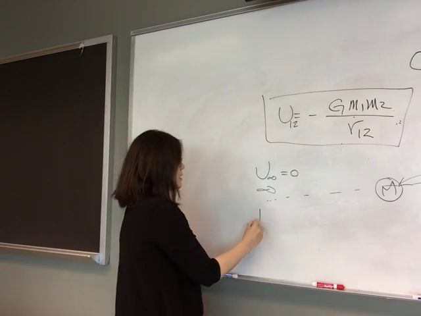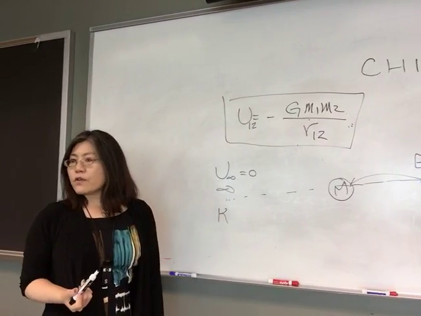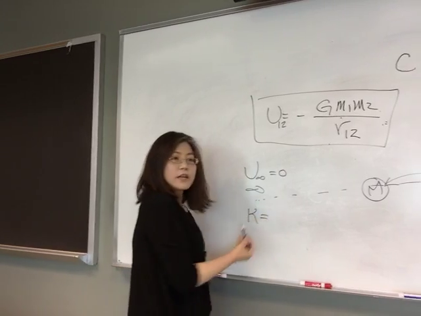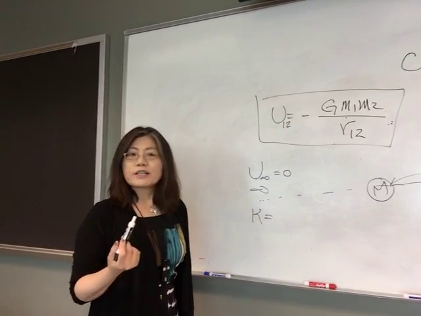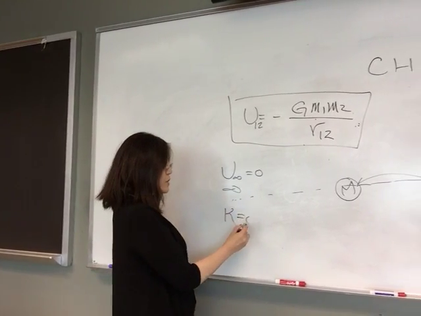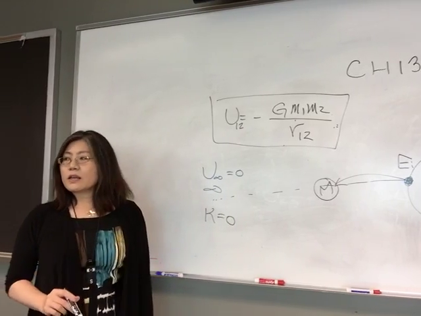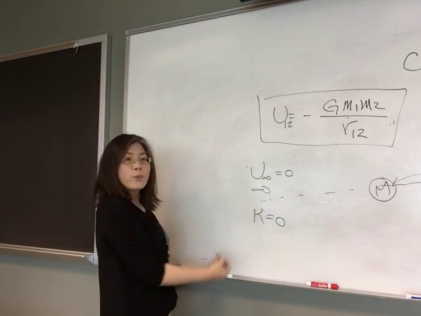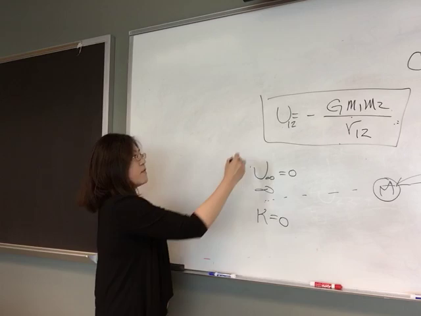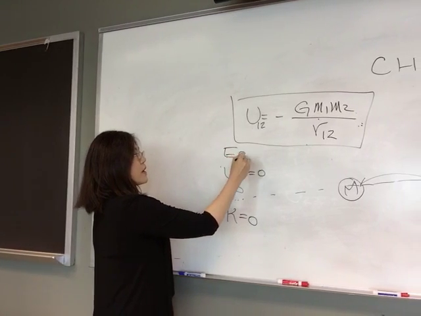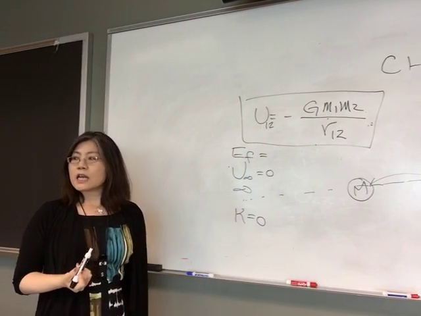Simultaneously, once you reach the edge of the universe, hypothetically, you lose all the kinetic energy, you come to a stop. So what does that mean? Let's say this is your final destination.